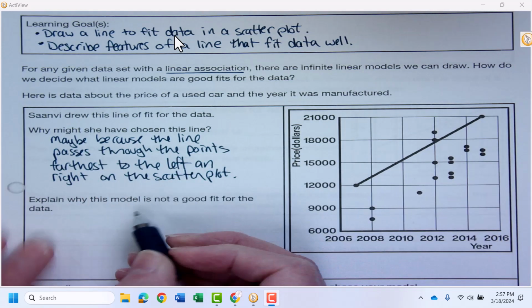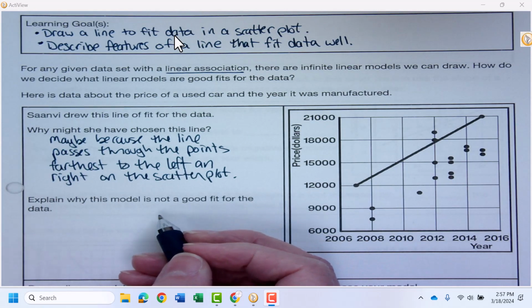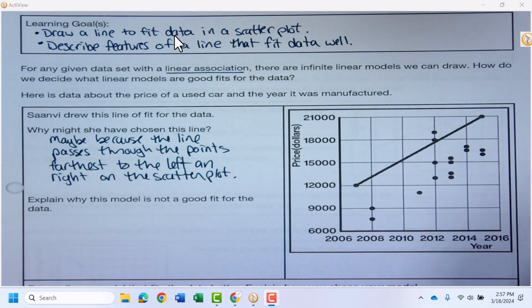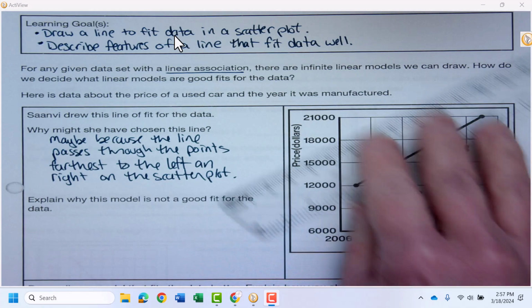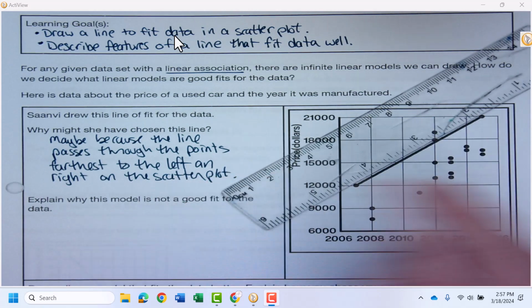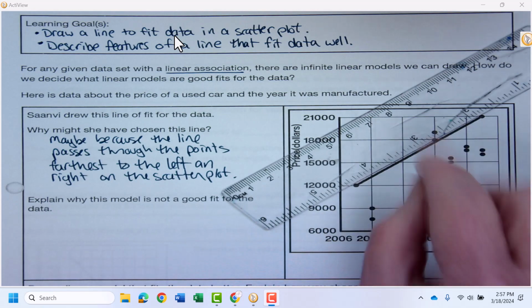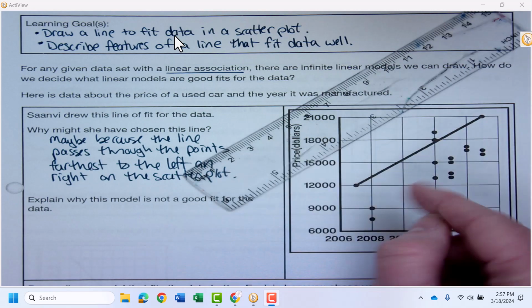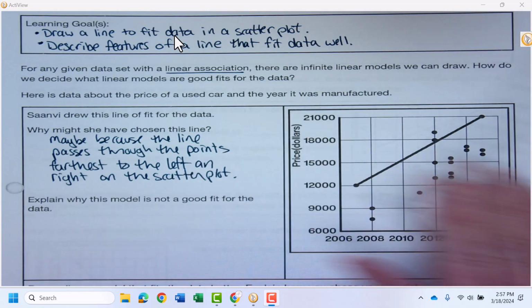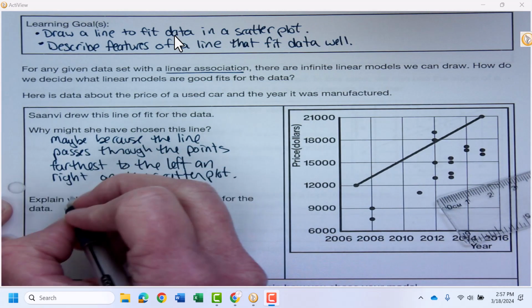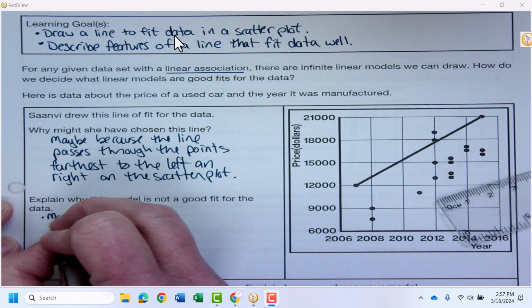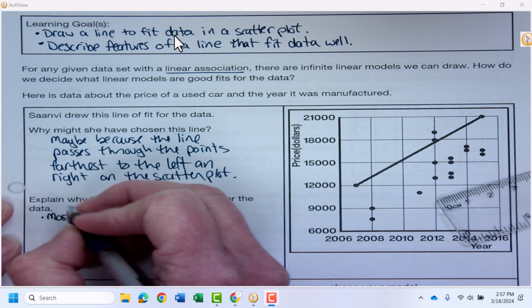Well, the reason this is not a good fit for the data, for one thing, is that most of the data is actually sitting below the line. This line really represents very few of the data points. So that's one problem. Most of the data is below the line rather than above.